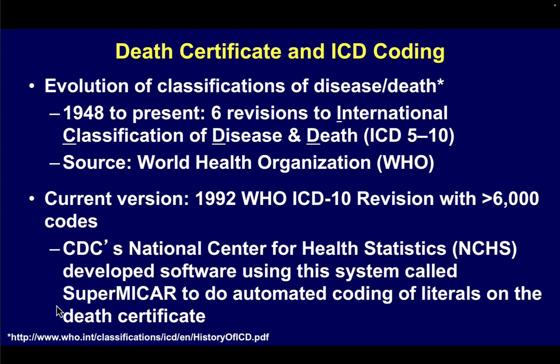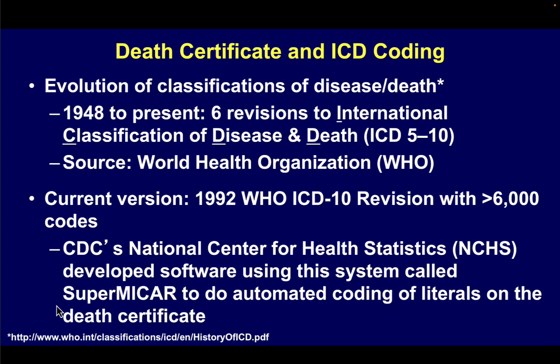As I mentioned, the process of coding the underlying cause of death from the information in Parts 1 and 2 of the death certificate is very rule-based. The CDC's National Center for Health Statistics, or NCHS, developed software that uses a system called SuperMICAR that does automated coding of the literals portion of the death certificate.